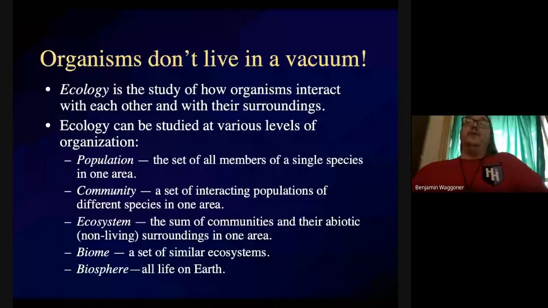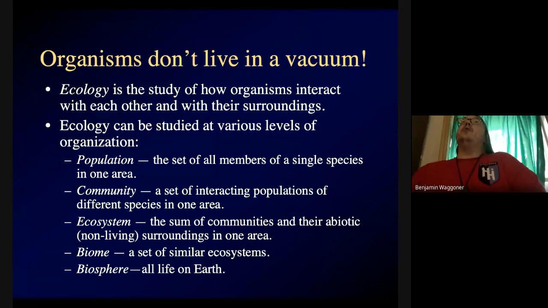And we can talk about ecology at different levels of organization. Population ecology would study the set of all members of a single species in one area. Community ecology refers to interacting populations of different species in one area.